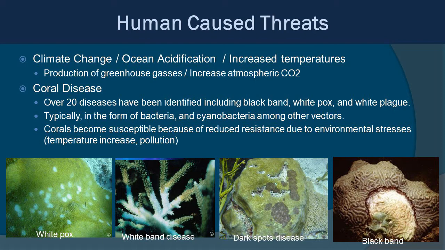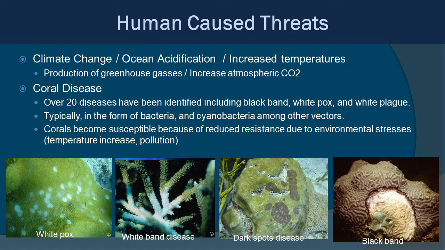Now, the other one is coral diseases, and this is an interesting one, and I'll get into it in a minute, but essentially there's over 20 diseases that have been identified, including black band, white pox, and white plague. Now, diseases are not strictly human-made. I mean, every species on the planet has diseases. It's part of the balance of life. However, the diseases that we see here in the corals, like for example here in Florida, have been given sort of a carte blanche lease to kind of run rampant because the corals are more susceptible due to environmental stresses.